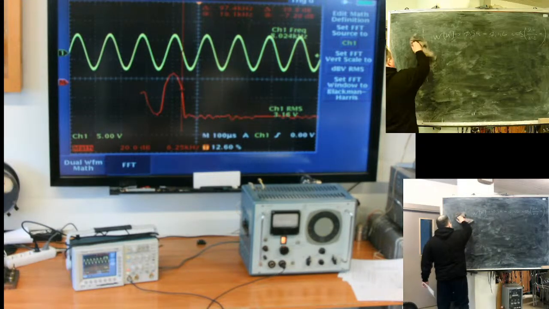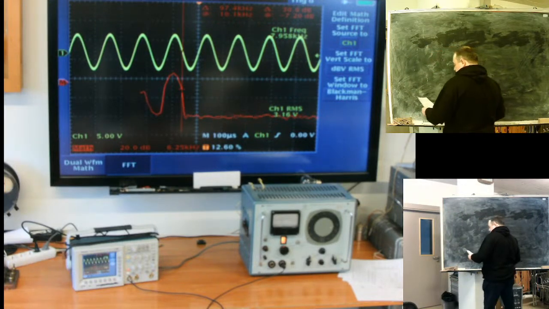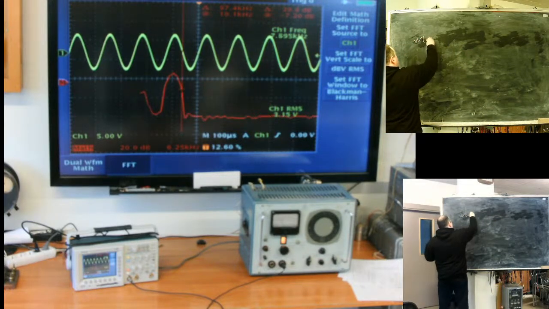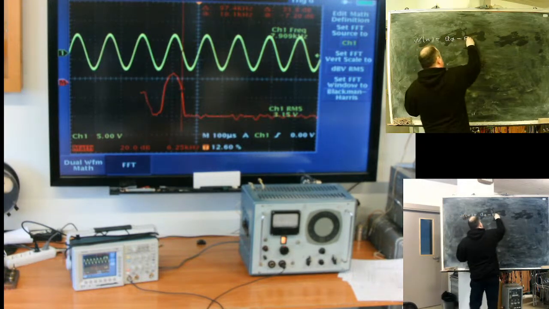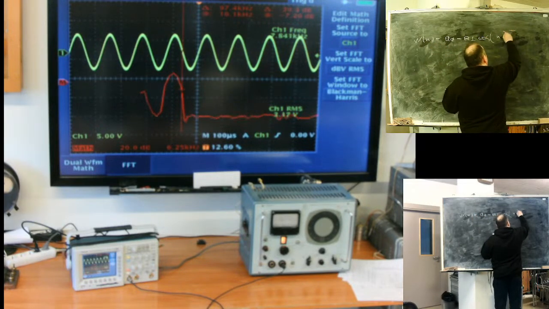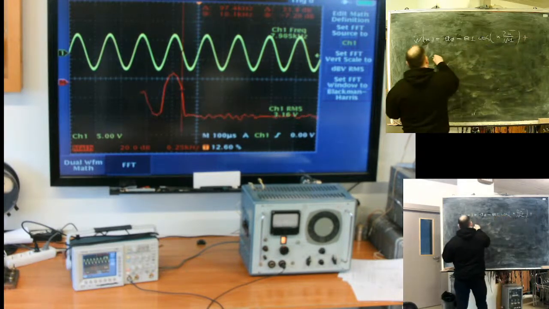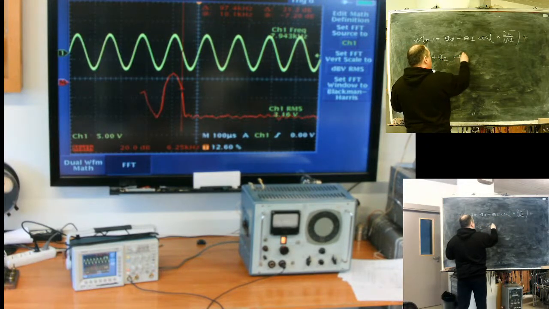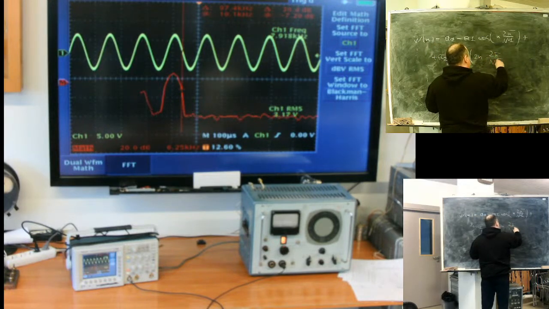Here is the math for the Blackman-Harris window: A0 minus A1 cosine of double pi n divided by N minus 1, plus A2 cosine of double 2 pi n divided by N minus 1.